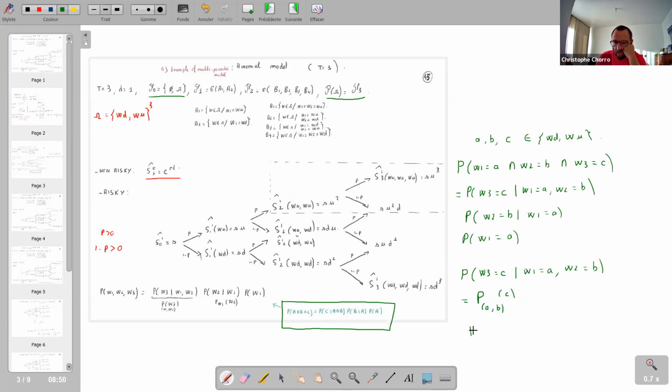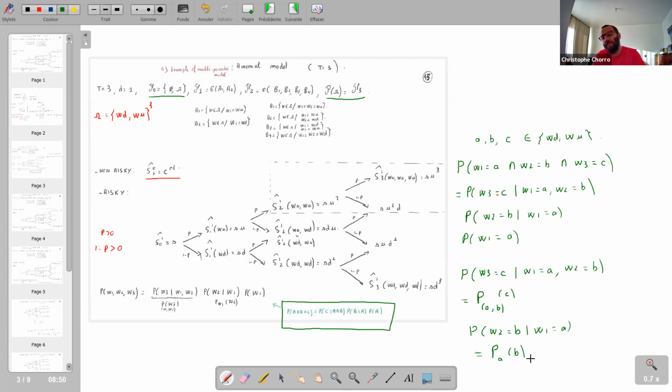In the same way, for P of W2 equal to B given W1 equal to A, I will write it as P of B given A.